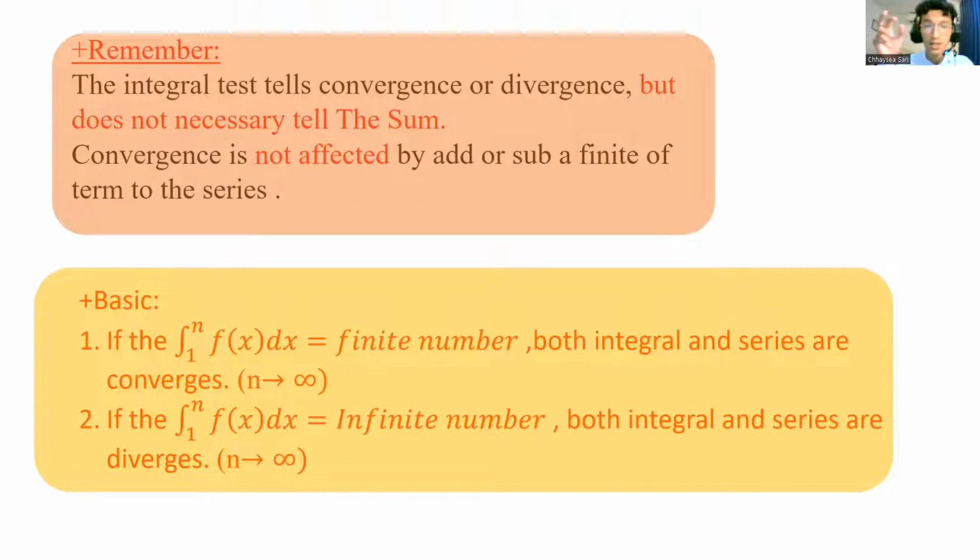So convergence is not affected by adding or subtracting a finite number of terms from the series. And so the basic thing that you need to understand here is, if the integral of f(x) dx results in a finite number, both the integral and the series converge as n approaches infinity.